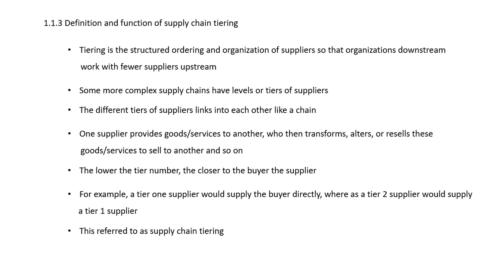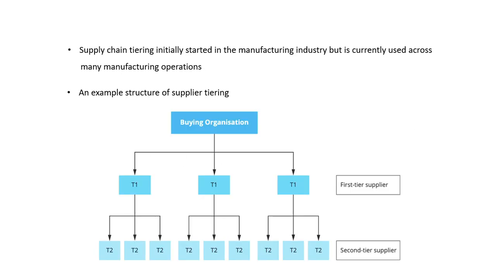This is referred to as supply chain tiering. Supply chain tiering initially started in the manufacturing industry, but is currently used across many industries. An example structure of supplier tiering: buying organization, first-tier supplier, second-tier supplier.